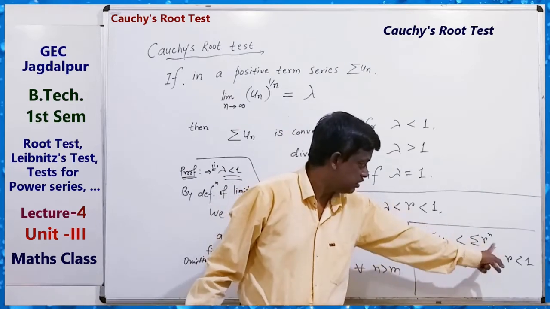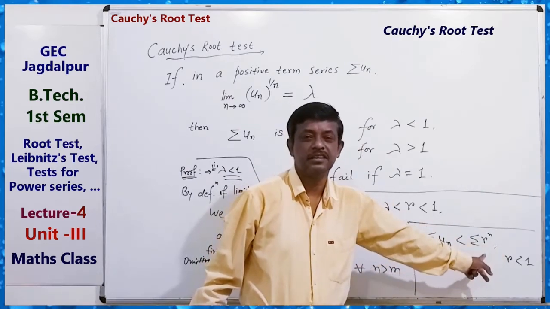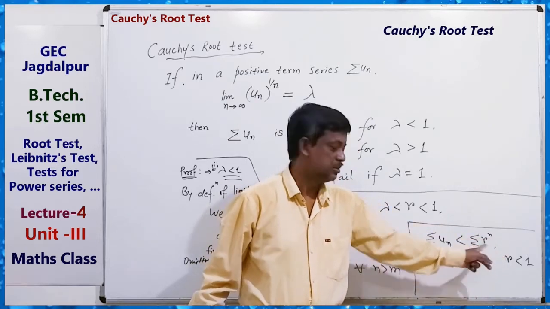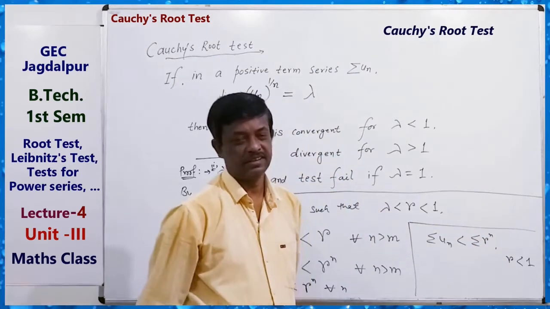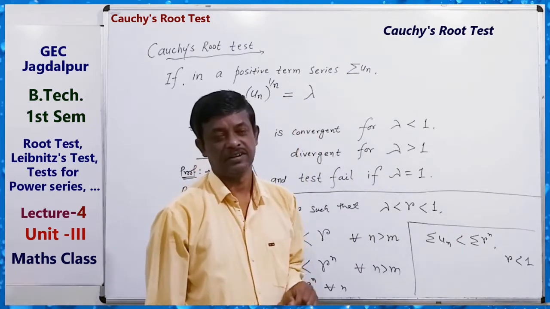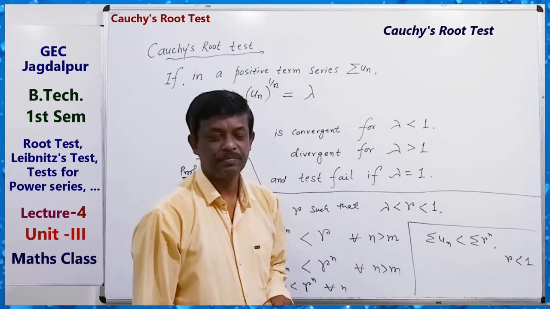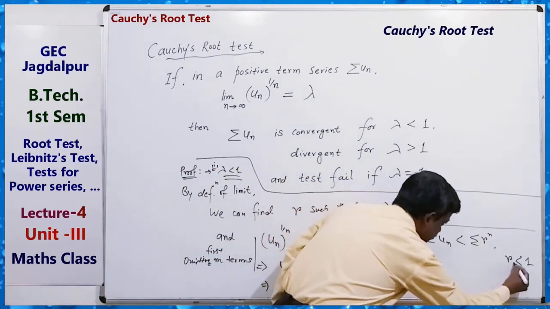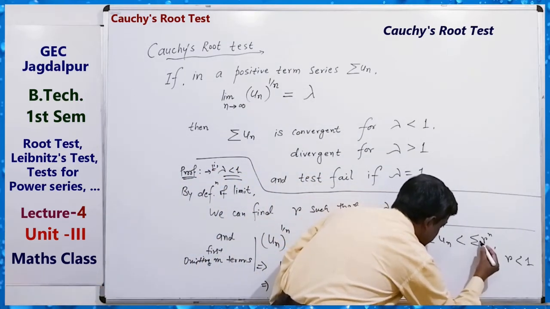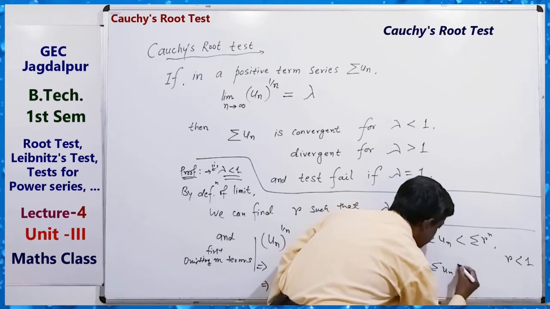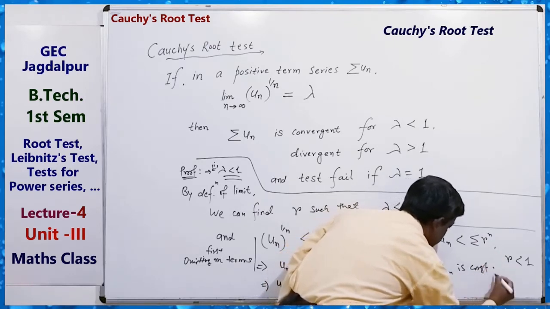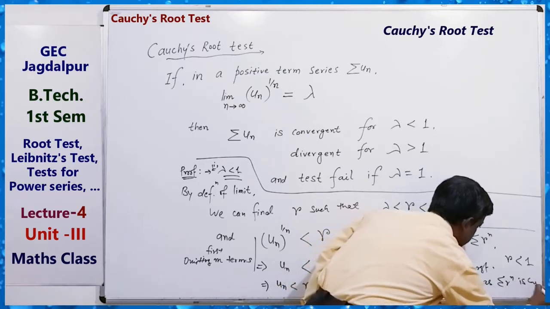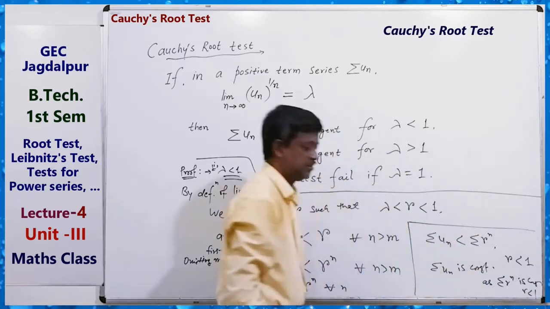Because R is less than 1, this is a geometric series, which is convergent. So this is also convergent. So this is proved. Clear? So summation un is convergent, as summation R to the power n is convergent, R less than 1.